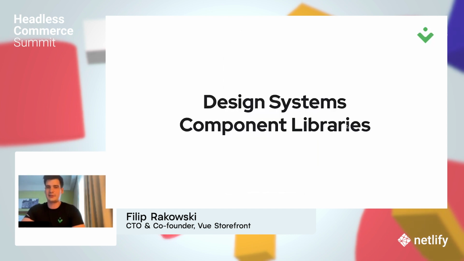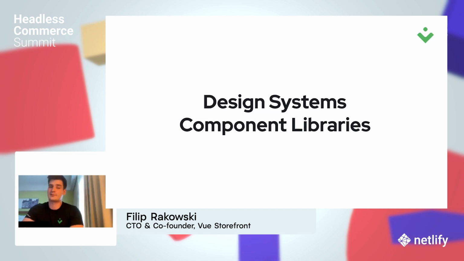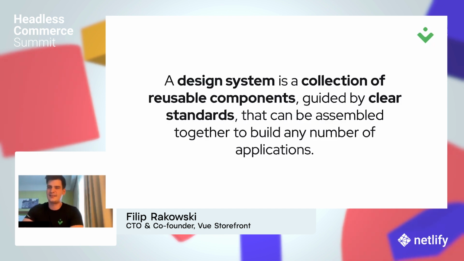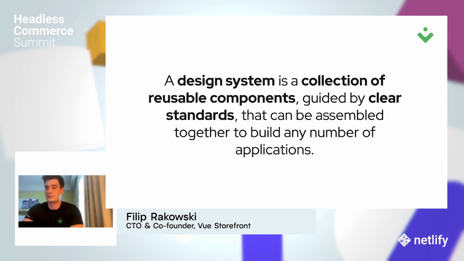And those interfaces aren't built with just plain old HTML. To make them more organized, easier to work with, and scalable, developers and designers are using design systems and component libraries. A design system is a combination of a style guide describing different characteristics of your design, like typography and colors, and components that apply those rules.